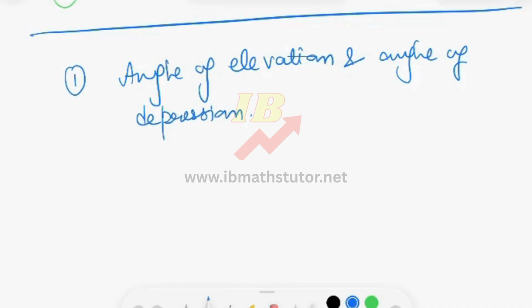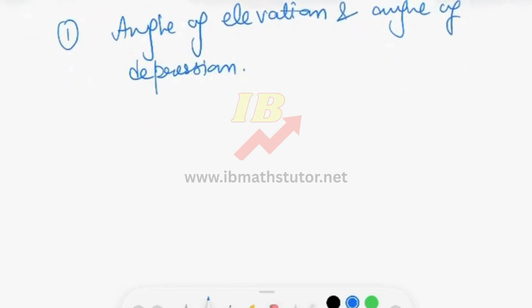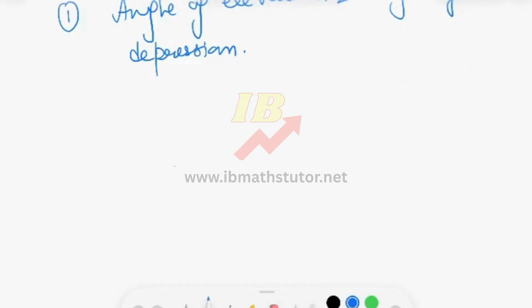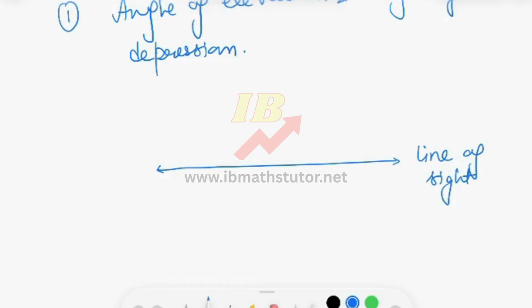What exactly are the angle of elevation and depression? Firstly, we'll take a line of sight. I'm calling this the line of sight. So if I'm seeing something in the sky from here, suppose an observer is lying here.